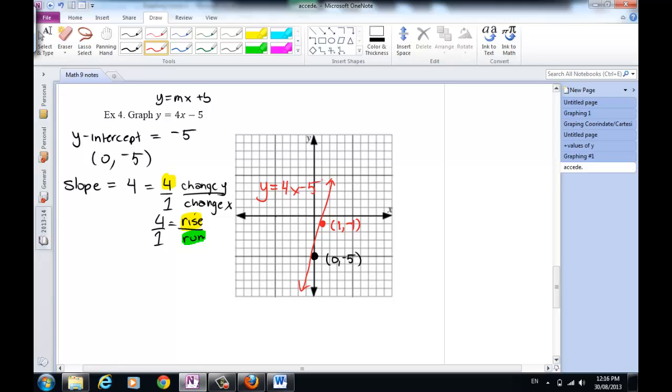You can use your table of values method, or you can use the y-intercept and the slope to calculate. Now, you're not always going to have your graph in your y-intercept form. It might be in the standard form, or it might be in the general form, and so you have to figure out how to use those, and the table of values is the most used one. And we're done.